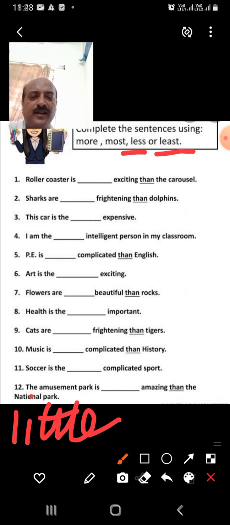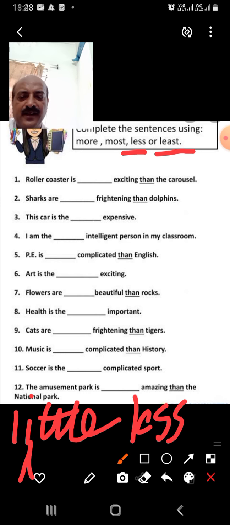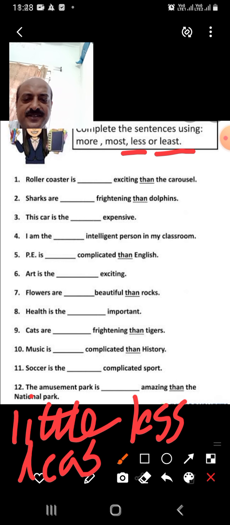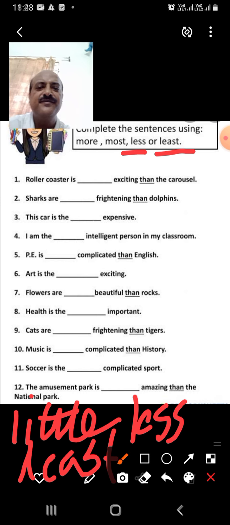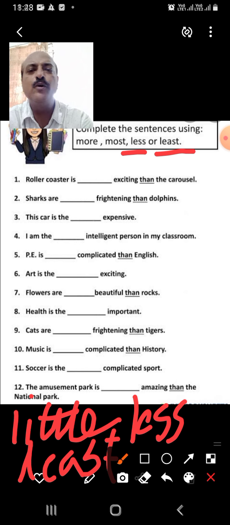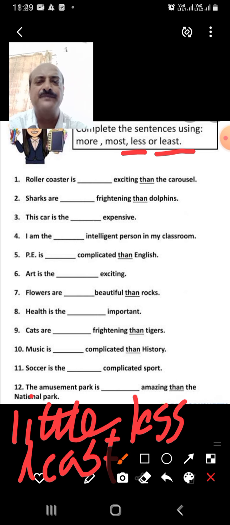Little, less, least, L-E-A-S-T. So this is positive, comparative, and least is the superlative. So more, when we want to talk about more interesting, less in comparative degree, in superlative we add most, and in superlative we add least for less interesting.